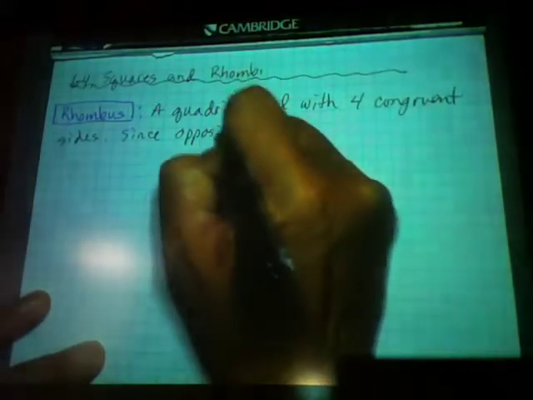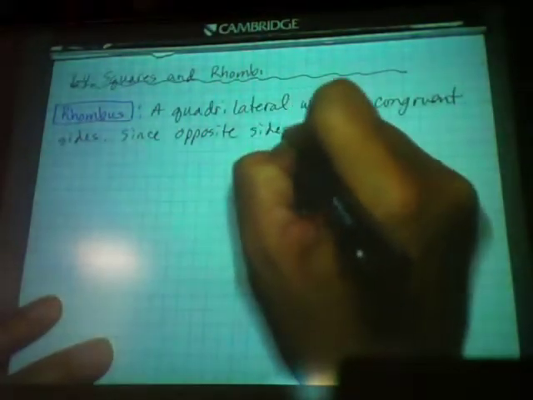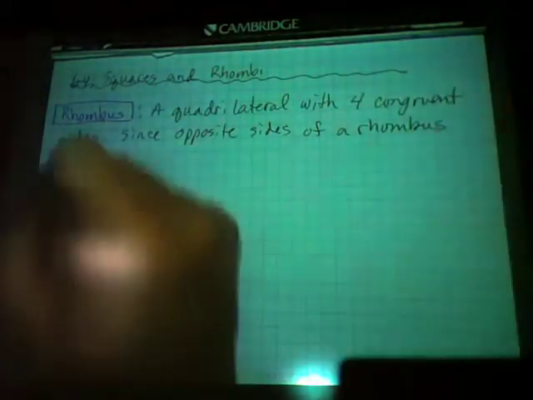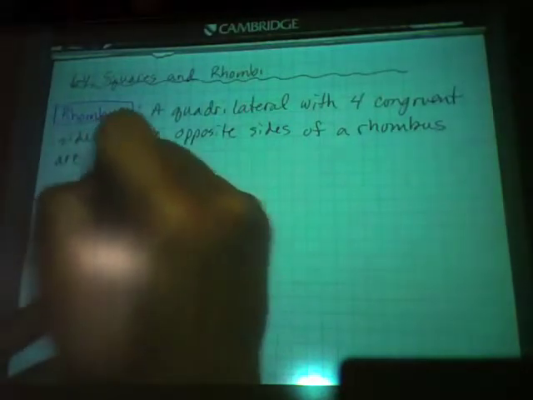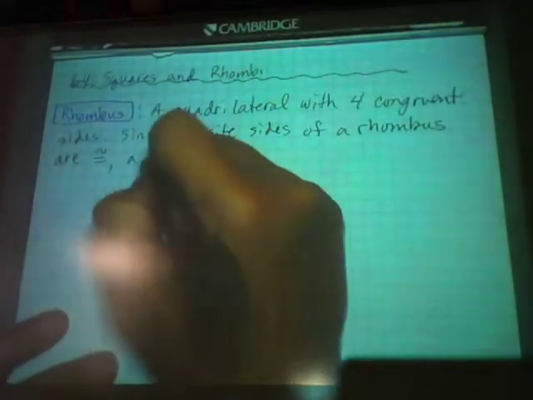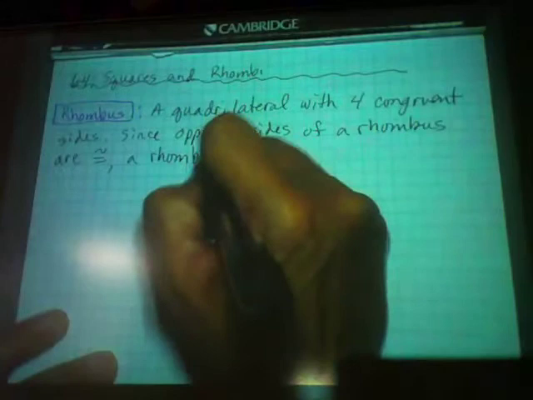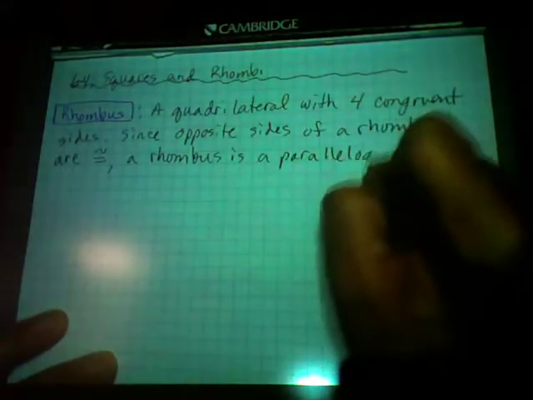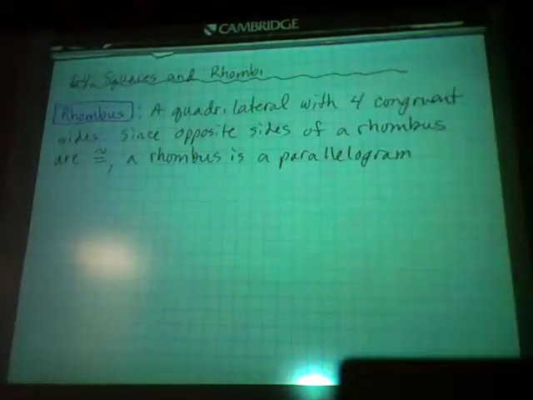Since opposite sides of a rhombus are congruent, a rhombus is a parallelogram because it meets one of the characteristics of a parallelogram.